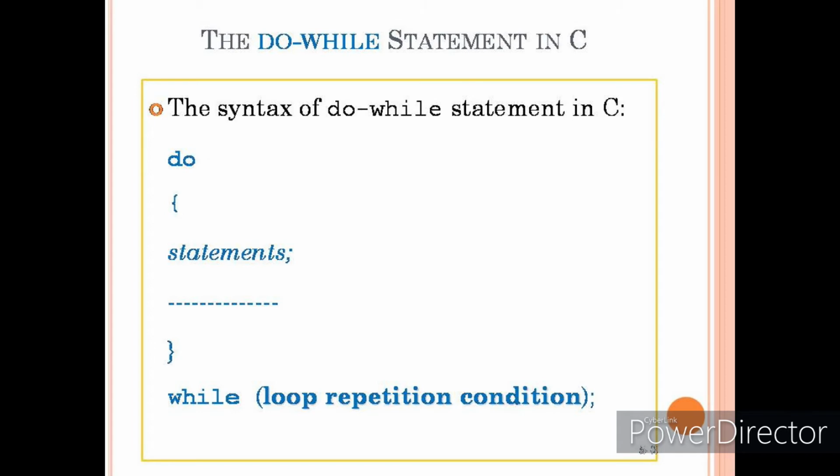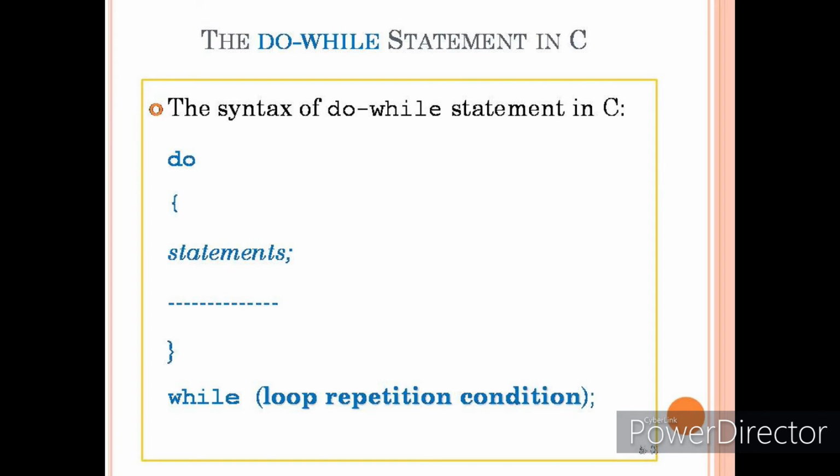Now, as per the syntax, the statements will be repeated until the condition is true. But do while loop is different from while loop and for loop. The basic difference in do while loop is that the statements are executed for the first time without checking the condition.